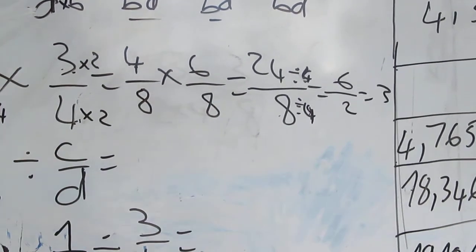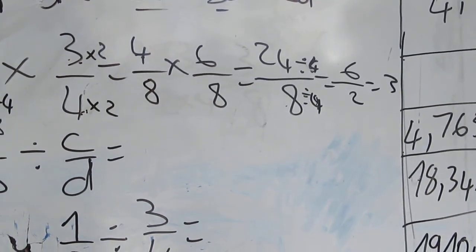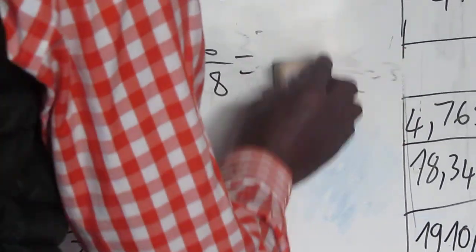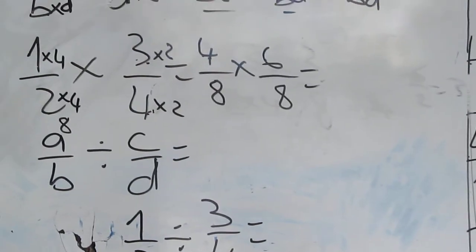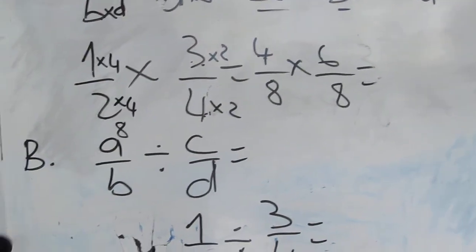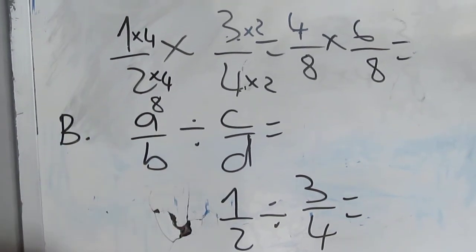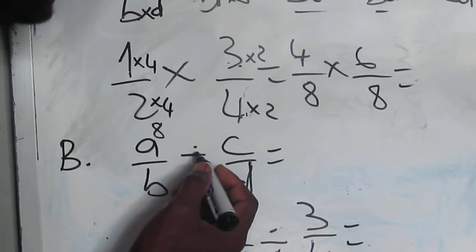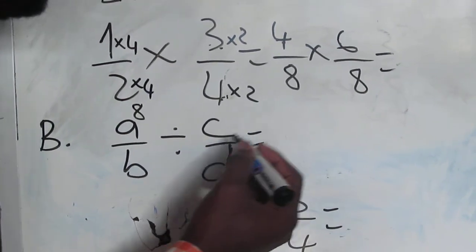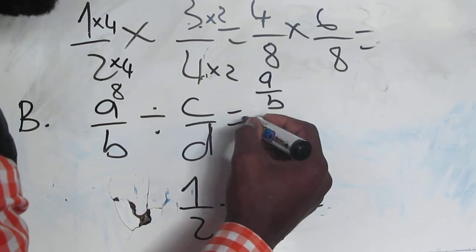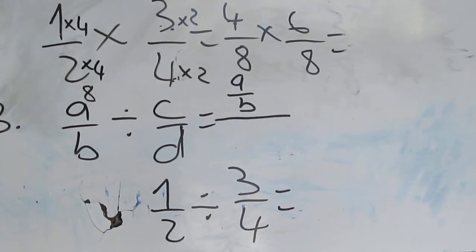So is 3. Now let me use division. I'm going to use division with this one here. For me to divide A over B by C over D, I have A over B, and now with the division I'm going to change.